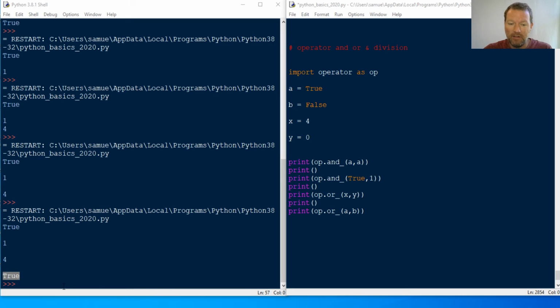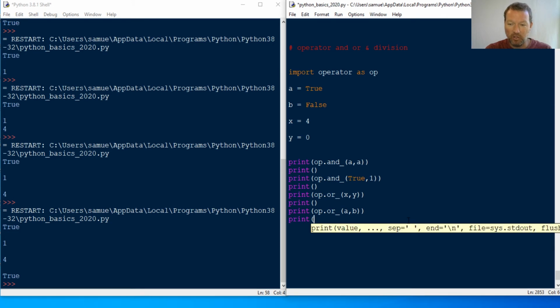Now let's look at our division. We know with our operators we have regular division and floor division. In the Python operator module, this has true division.